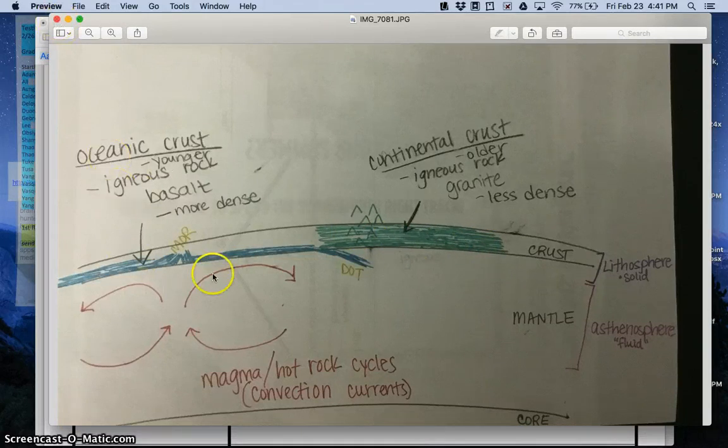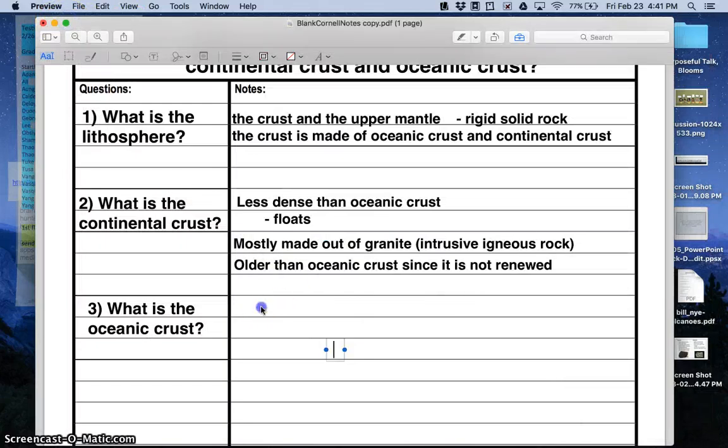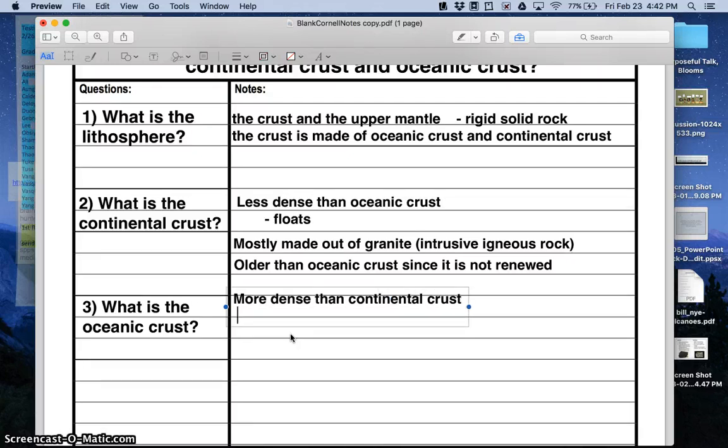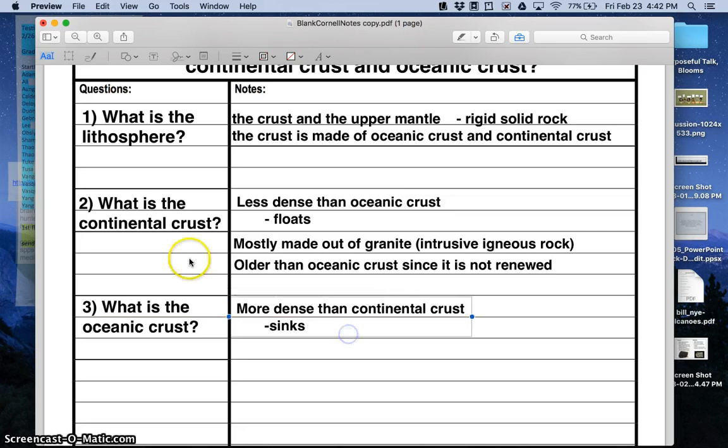And then the other one is like the complete opposite of that. So what is oceanic crust? It is more dense than continental crust. That means that it sinks when it comes in contact with the other crust.